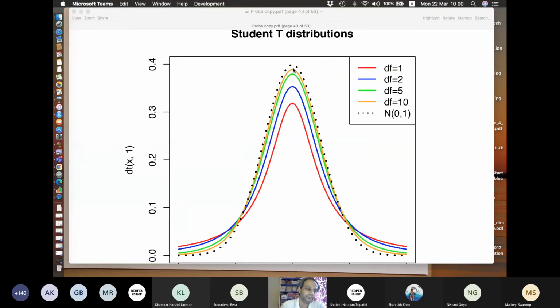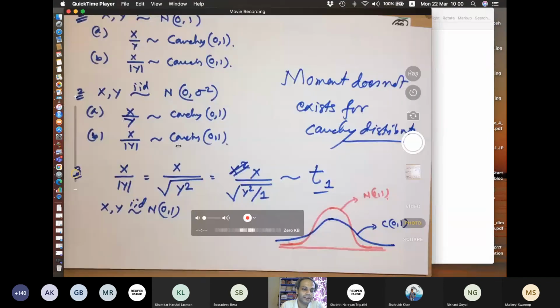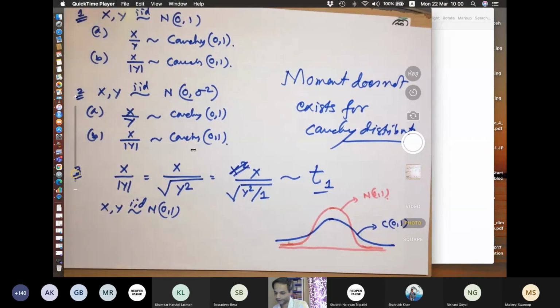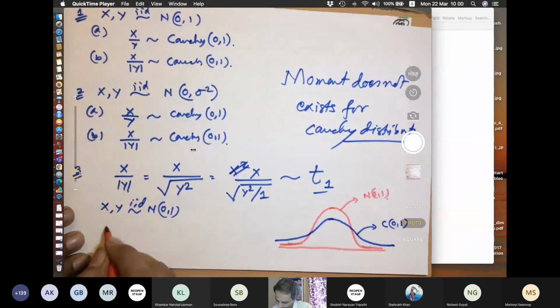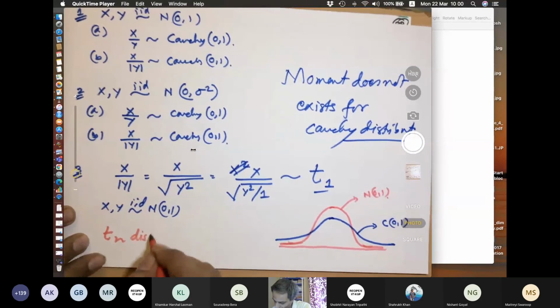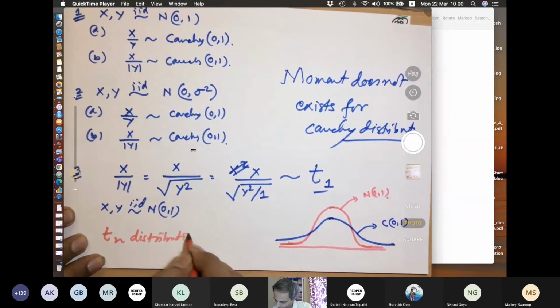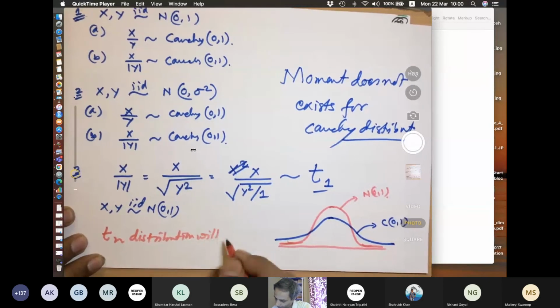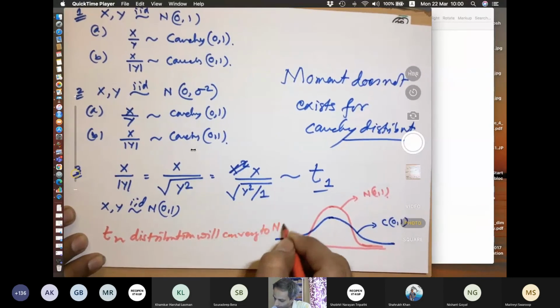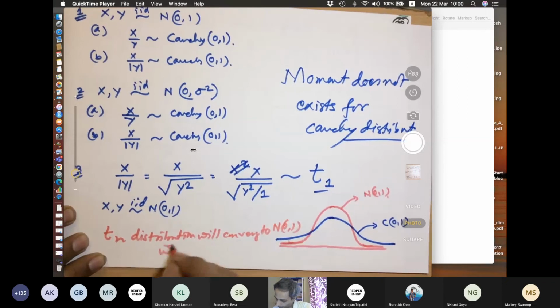But if you really want to see it numerically, let us make the statement that Tn distribution will converge to normal 0, 1 when n goes to infinity.